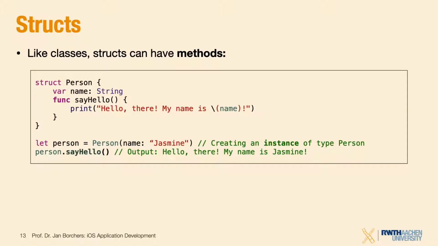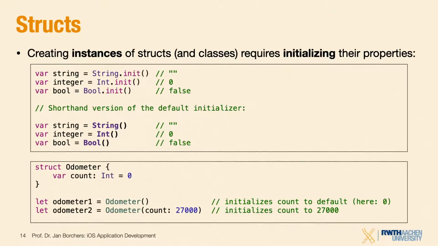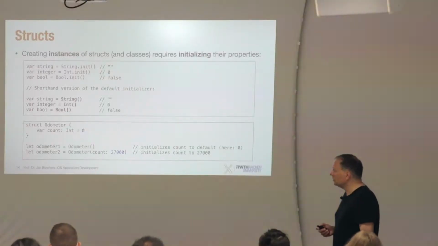So where is that going on? That's actually happening inside the initializer. So whenever you create instances of structs, the same is true for classes, by the way, and you know this from Java, you need to initialize their properties, their member variables. So how do you do this?